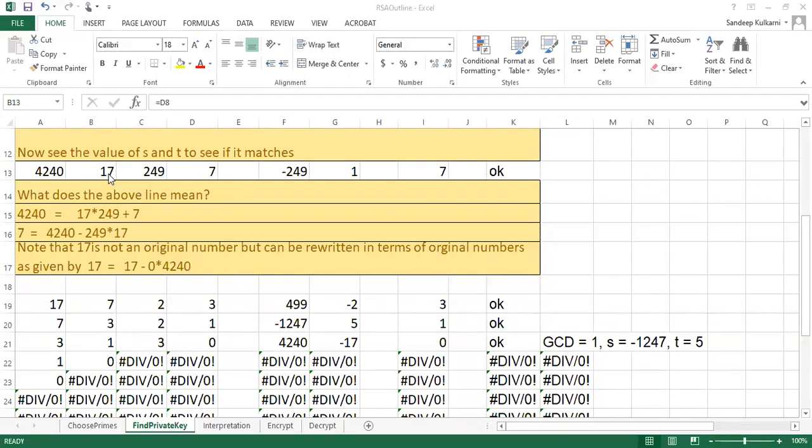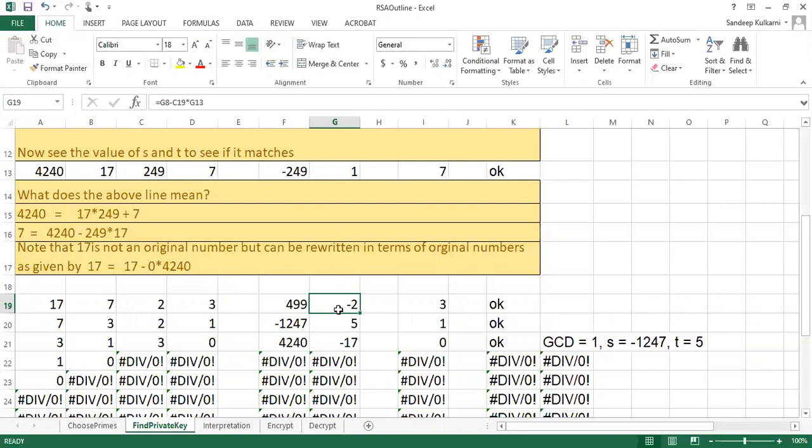We're going to substitute 7 over there, in the first line over here, and that will give us the values that we are looking for. In this case, the value of s would be 499. The value of t would be minus 2.